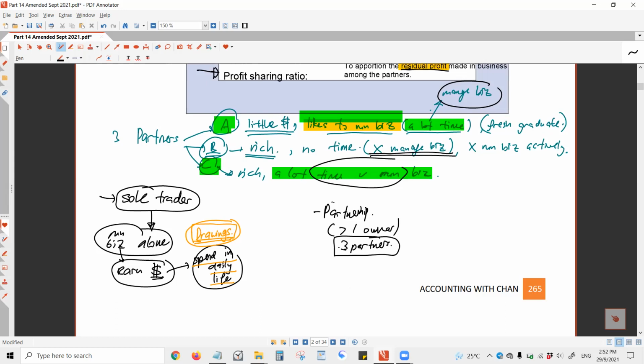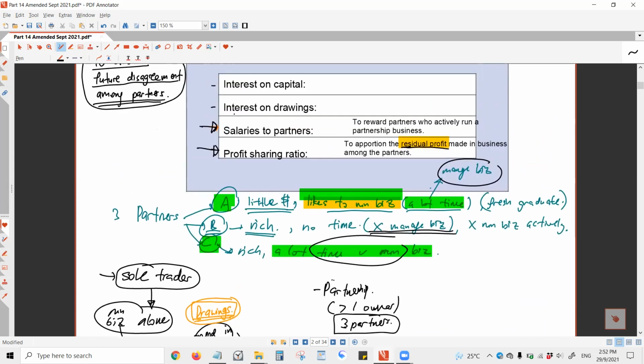That's why we should not allow all the partners to take however much drawings they want. Otherwise, you will have problems in running the business. So that's why we have this thing known as interest on drawing. This is used to discourage partners from taking drawings, because otherwise your partnership business will be running out of money one day, without anybody knowing.